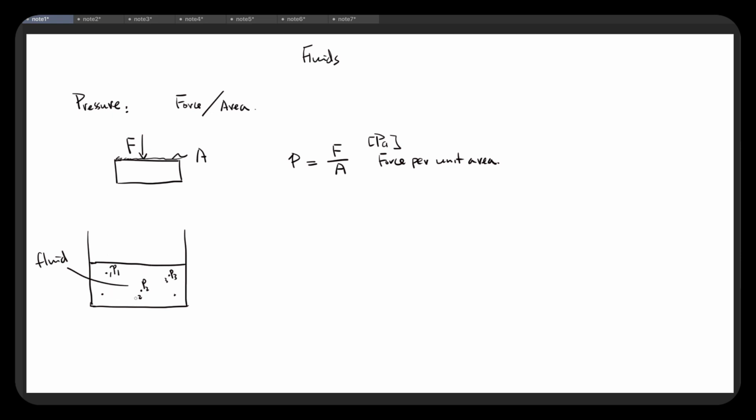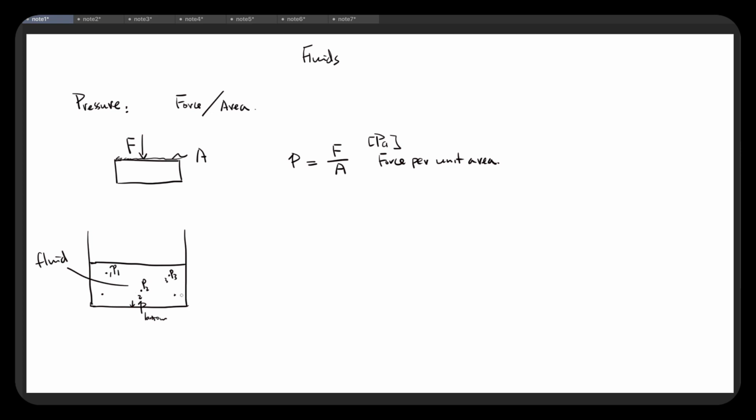But the pressure acts everywhere in any direction, not just inside the liquid, but also on the surface of the liquid. If we think about the bottom here, the bottom surface also experiences pressure P due to the liquid.